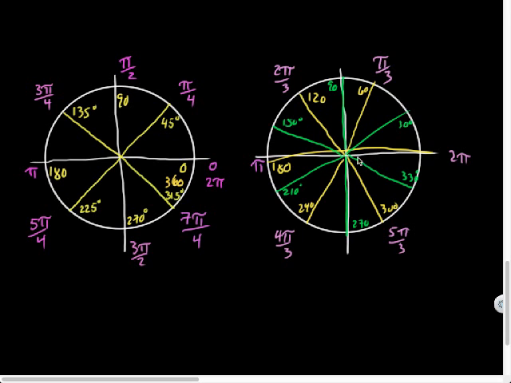And then 360. Now we've already hit the 90 and the 180 and the 270 with these ones over here, so I won't repeat those. But let's see. If pi over 3 is 60 degrees, what do you think 30 degrees is going to be?